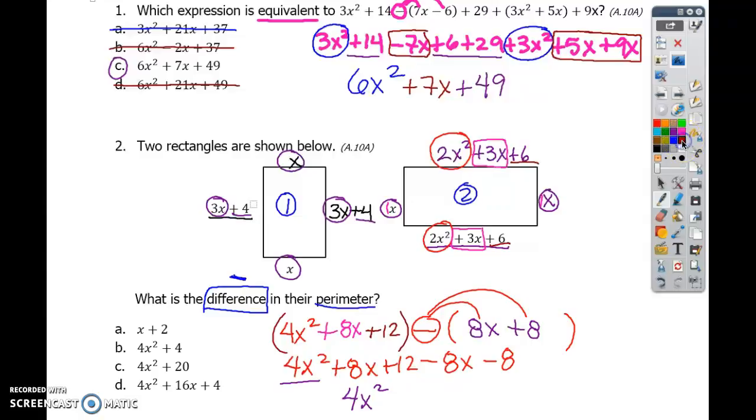The x's, 8x minus 8x, are going to cancel out. So you don't have to write down an x anymore. And then you have 12 minus 8, positive 4. So your answer is B.